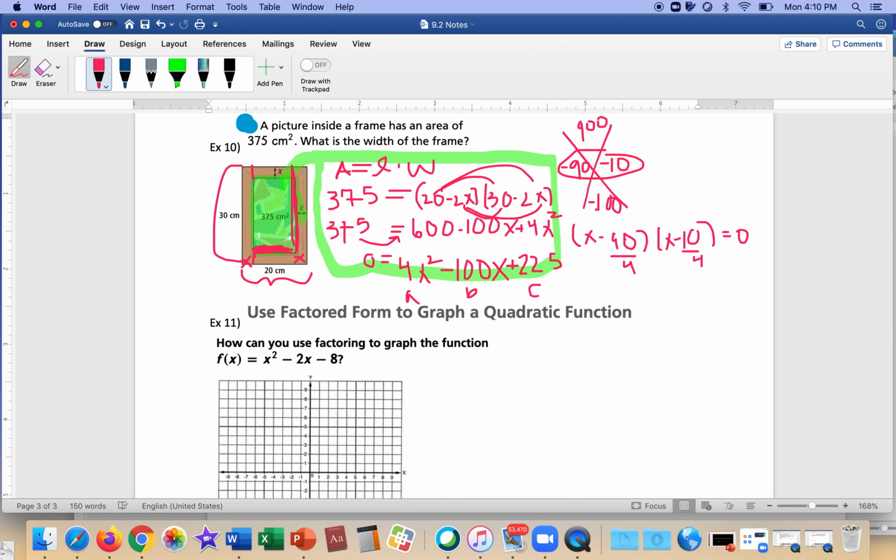So 90 over 4 is 45 over 2. And then the 2 swings in front of the x, so we'd have 2x minus 45. 10 over 4 becomes 5 over 2. So the 2 comes in front of the x, so we'd have 2x minus 5.